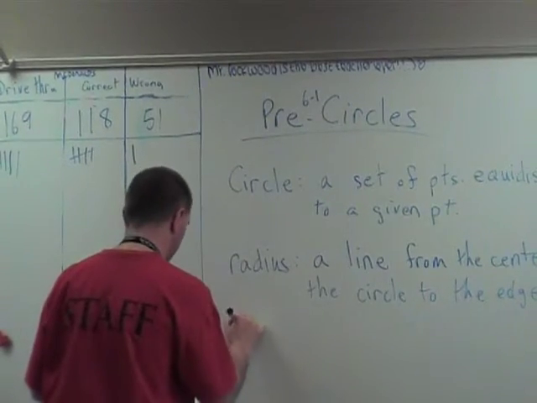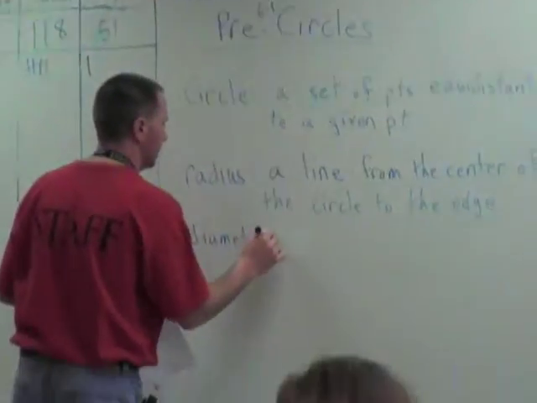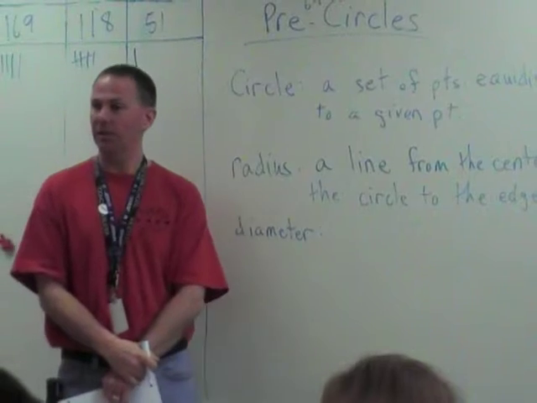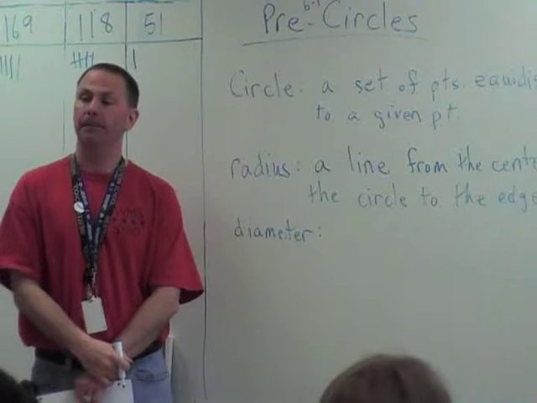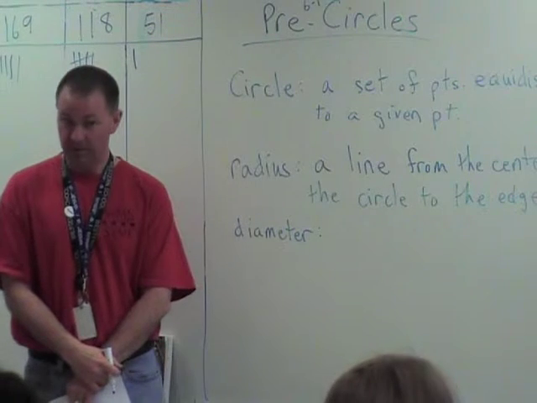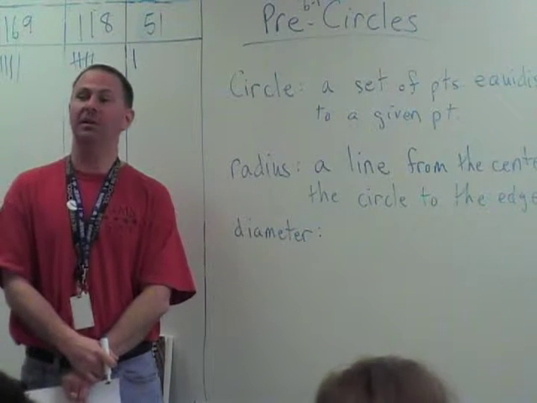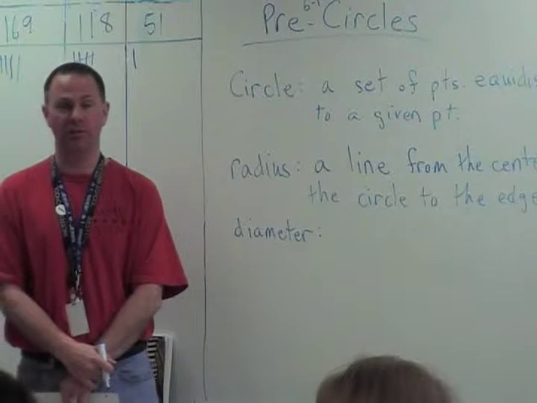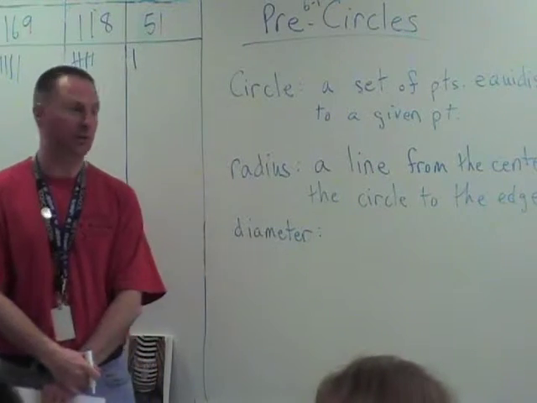All right. How about diameter? You can tell me in these kinds of words what a diameter is. The distance across the circle. That goes through the midpoint, through the center. Because you can go across the circle without going through the center. That's called a chord, but we're not talking about that.